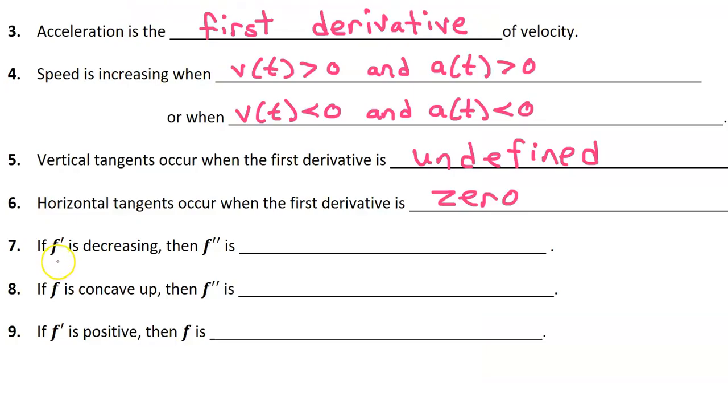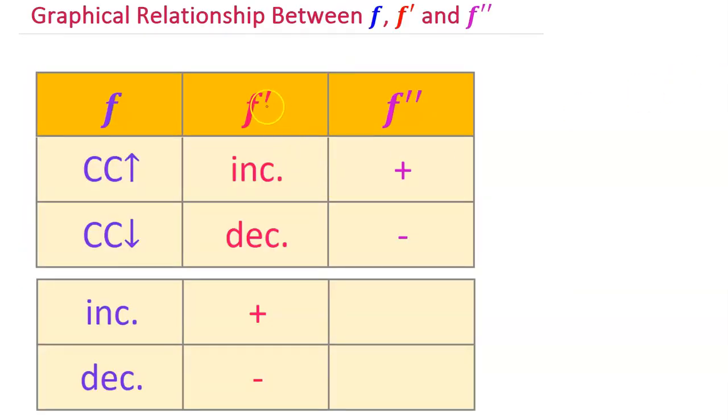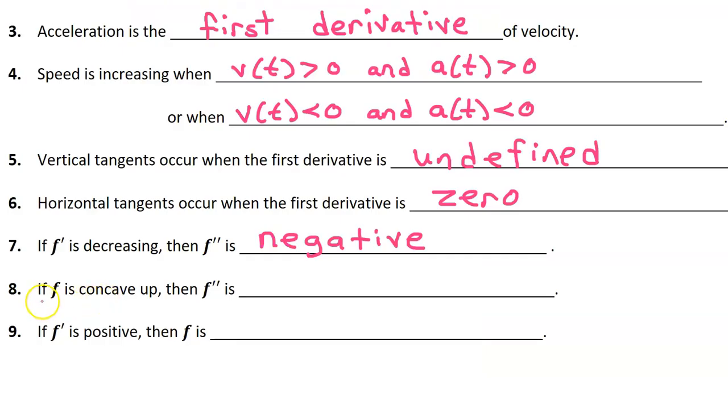So for number 7, when I ask if f prime is decreasing, then what's happening to f double prime? If you look at it in terms of the chart, if f prime is decreasing, then that means that f double prime is negative. Number 8, if f is concave up, then what's going on with f double prime?